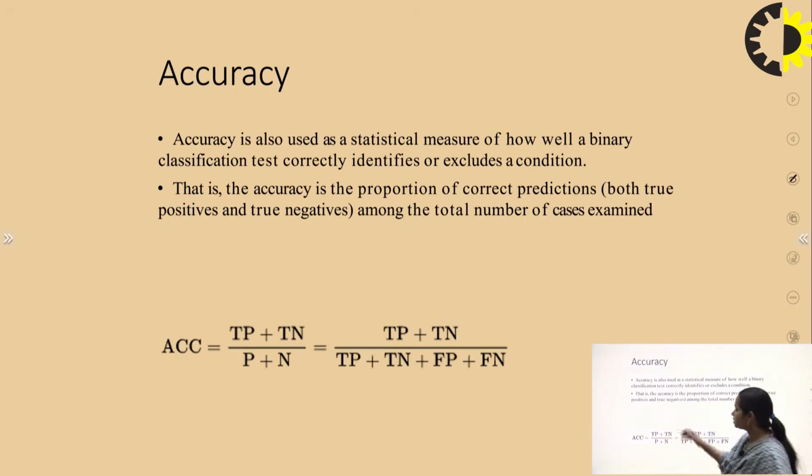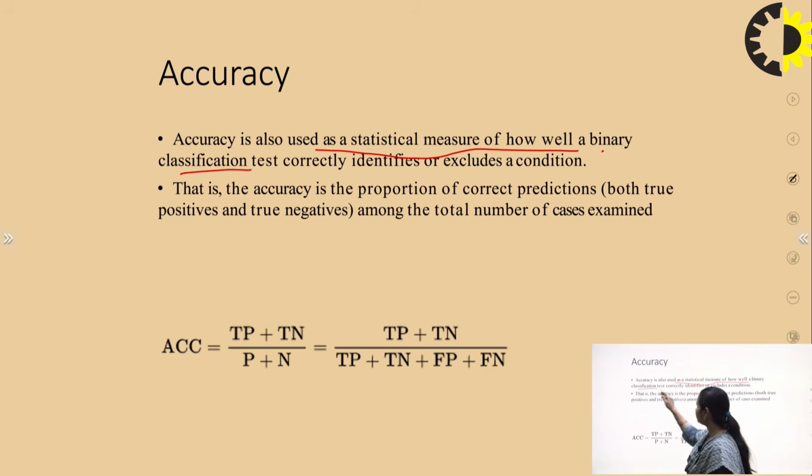So, accuracy is also used as a statistical measure of how well a binary classification test correctly identifies and excludes a condition. That is the accuracy: the proportion of the correct predictions, both true positives and true negatives, among the total number of cases examined. So, accuracy we calculate as true positive values plus true negative values divided by all positive and negative values in the data set.